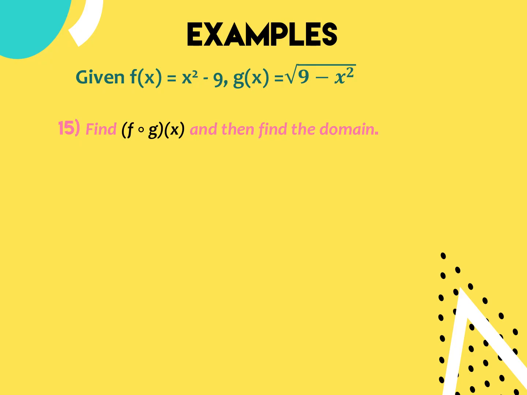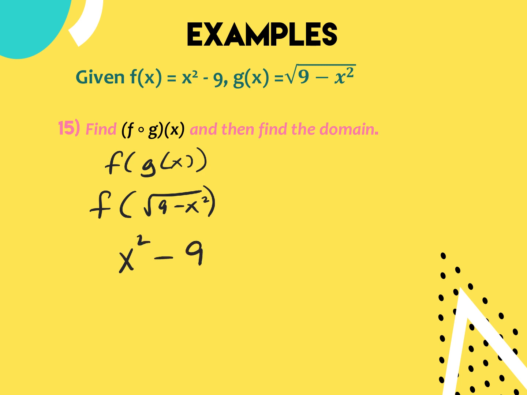So here they want us to take the f of x function, and I'm plugging in the g of x function. So really what I'm doing here is the square root of 9 minus x squared. And again, I'm taking my f of x function, which is x squared minus 9. And remember, you're taking out x and putting this in here.